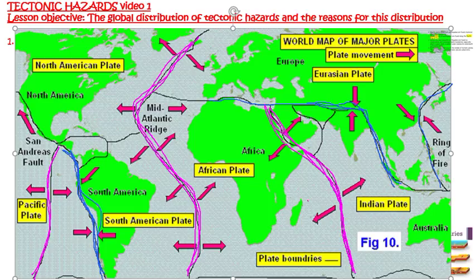Less common are where plates are sliding past each other in opposite directions or in the same direction at different speeds. That's a good example where the North American plate is going past the Pacific plate at a different speed, but they're going in the same direction.